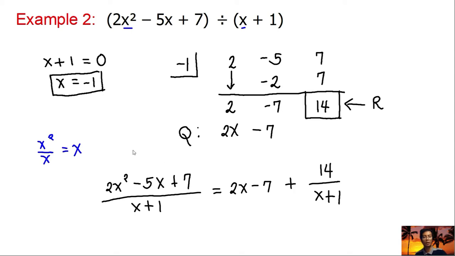So this is our final answer. And as you noticed, parehas po siya ng lumabas po ng sagot dun sa aking previous video using long division. So that's example number 2.